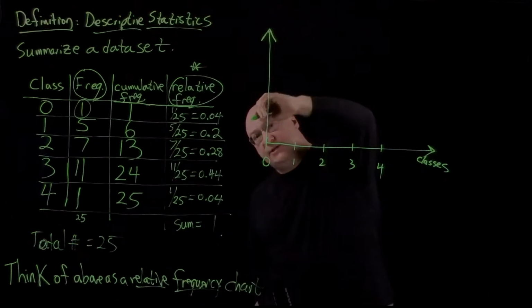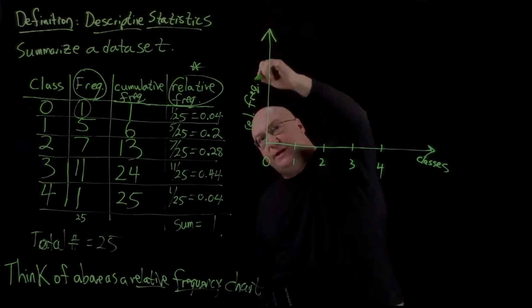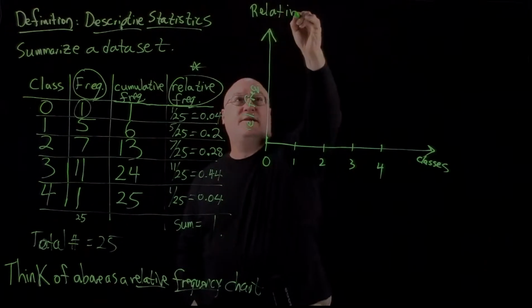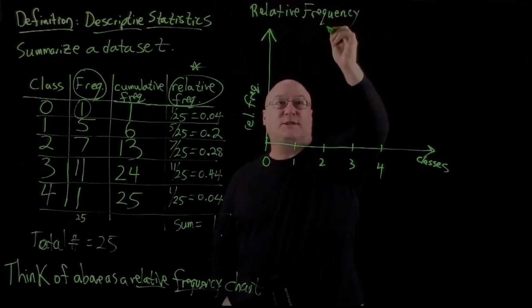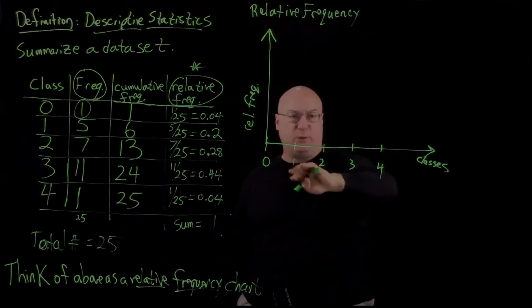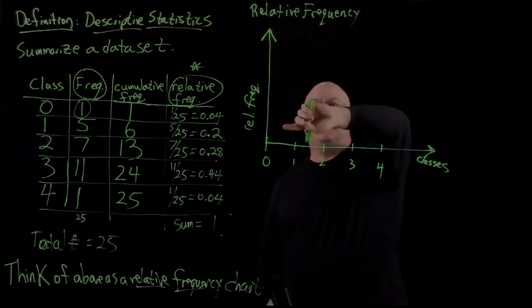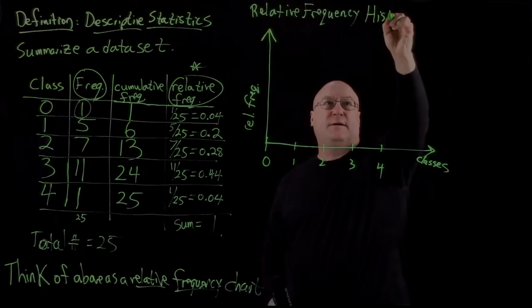And the vertical axis will be the relative frequencies. Well, it's a bar graph, but it's a special kind. When we put the classes along the horizontal axis and relative frequencies along the vertical, we call it the relative frequency histogram.